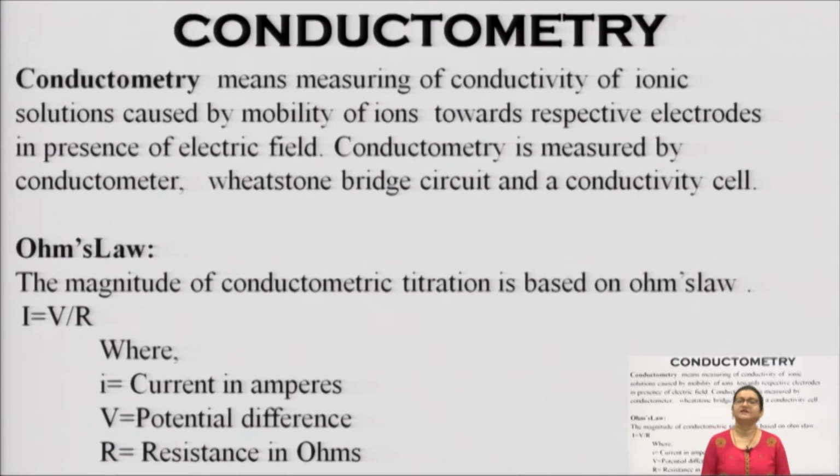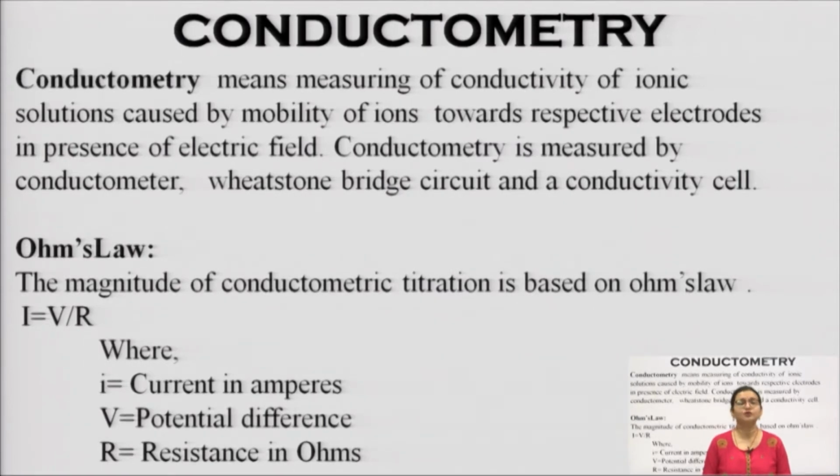Ohm's law says that when an analytical solution is kept under an electric field, an electric current is generated, which is directly proportional to the generated voltage, or the difference between the electrode potentials of the two electrodes of the conductivity cell, which in turn is directly proportional to the concentration of charged ions in the analytical solution.